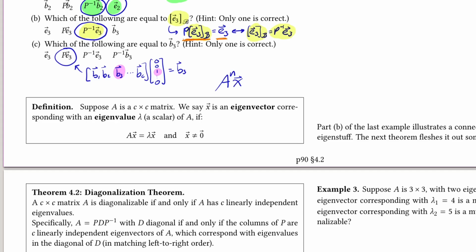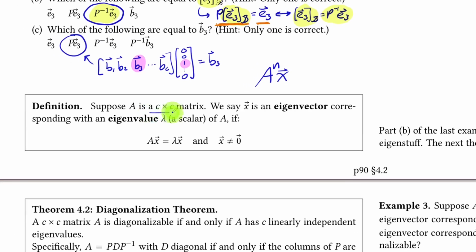So if you have a square matrix, an n by n matrix A, we say that x is an eigenvector corresponding with an eigenvalue, lambda, which is a scalar, of A, if multiplying A by x is equal to that scalar multiple, lambda times x. And x has to be not 0.